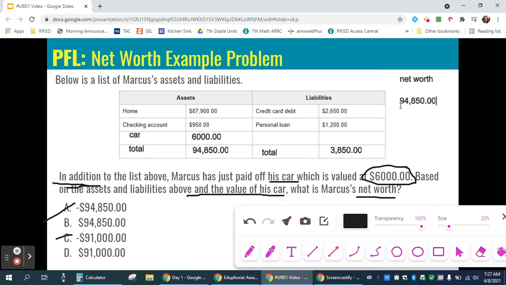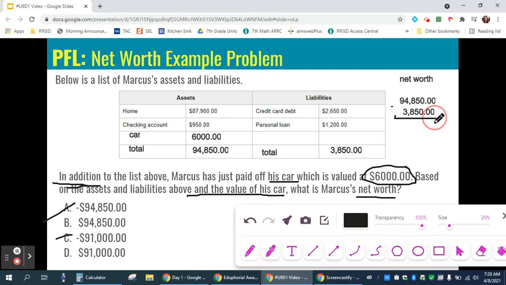94,850 minus, this must be the hard part, lining this up, 3,850. Okay. So let's see what that ends up being. Well, 0 and a 0. Oh, that's 0. I'm going to have to work right to left. So I'm going to handwrite this. 0 minus 0 is still 0.